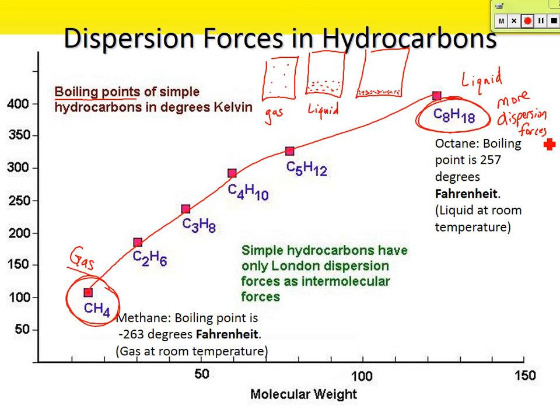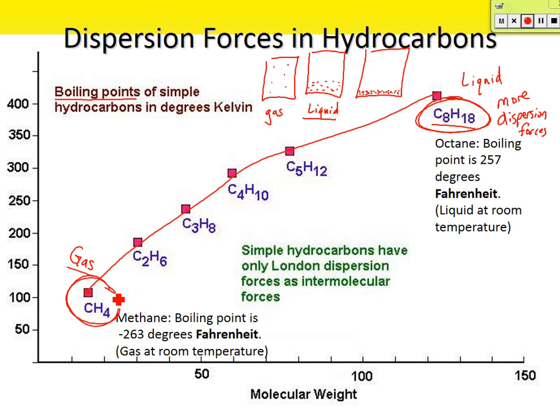Well, if you've got more force of attraction between the molecules, is that holding them together closer? Yes, and so because this is such a large molecule, there's more dispersion forces, these molecules are being pulled together closer, which keeps them as a liquid at room temperature.